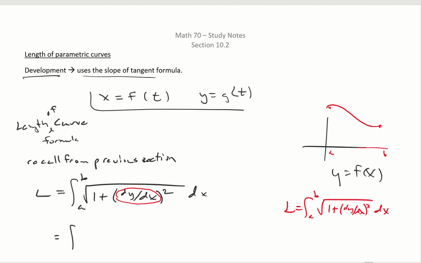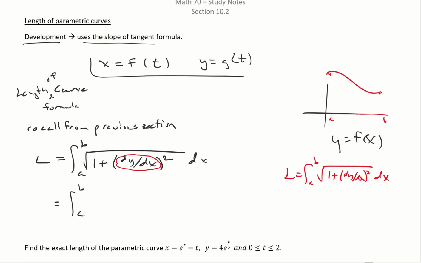So it's equal to the integral from A to B, square root, of 1 plus, in here I'm going to write in red, dy dt divided by dx dt squared dx. The next step here is to factor out the dx dt downstairs. So I might write this in a weird way. I'm going to write it as, common denominator maybe.